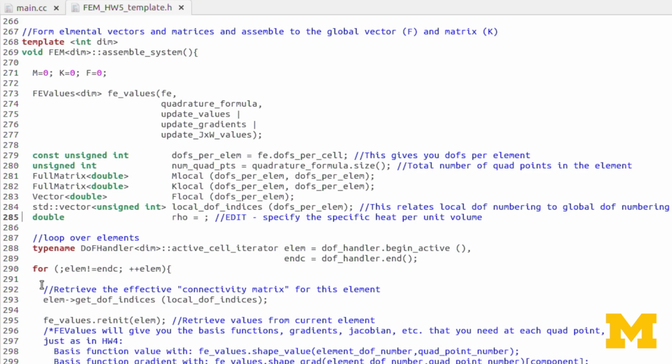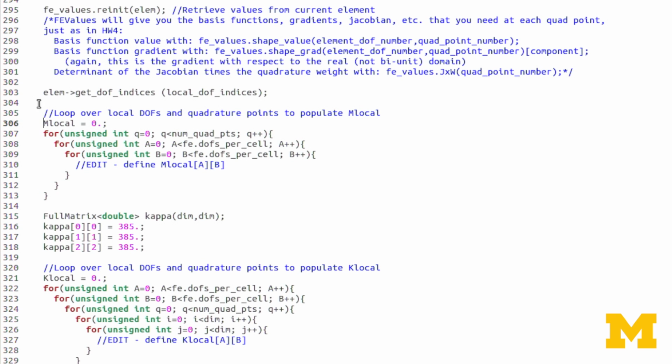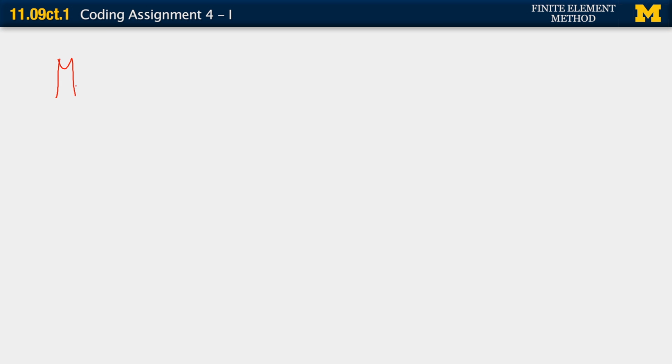All right, so let's move inside the element loop. And first we're going to be populating M local. Let me write out that integral for you here on the board. M local AB is equal to the integral over the element's domain of rho, which again is your specific heat per unit volume.